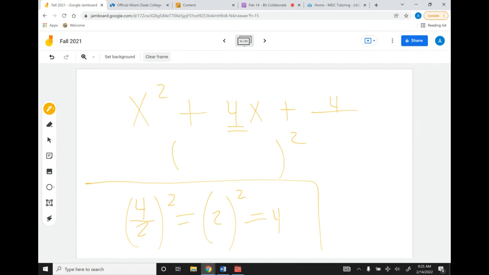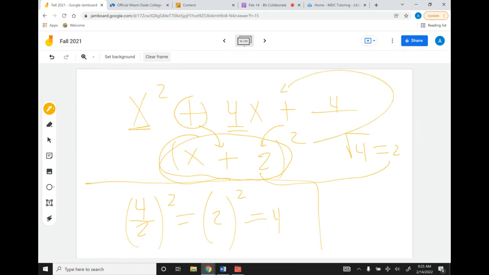So let's talk about what we put in the parentheses. So instead of writing x squared, you write x. The sign that goes here comes from this guy, so we put a plus. And then the number that follows there is the square root of 4, which will be 2. So now you have a perfect square. Now, I can show you that if you were to expand this, you will get back this trinomial.